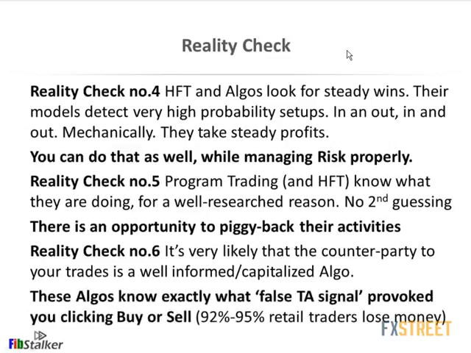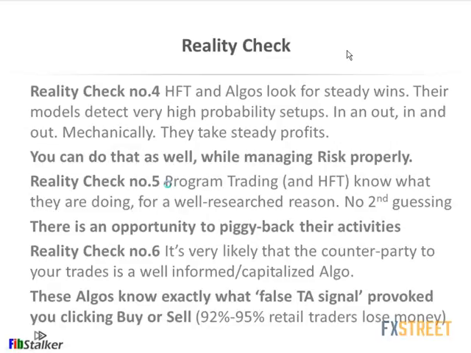They also know very well the false TA signals, the moving average touches, the band trading, the Bollinger reaction. They know the late statistics, the late stochastics or RSI, all the reasons why that provoke you to click that buy and sell. And in fact, 95% of retail traders lose money, right? So they know that very, very well.